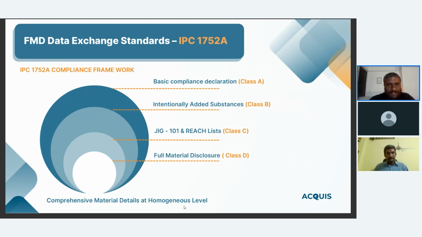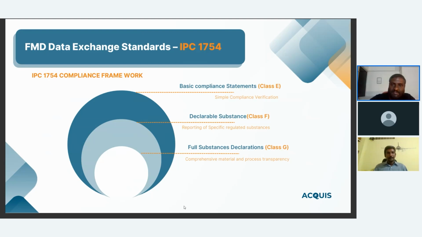Quite exciting. So let's move on to the next standard of exchange. Yeah, IPC 1754. Again, here also there are three classes. One is simple. You are specifying industry defined statements saying whether you are compliant, true, false, or unknown, right?